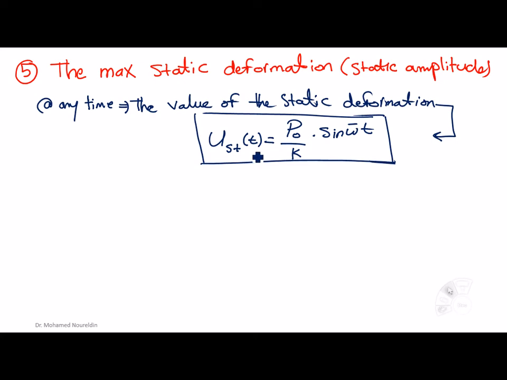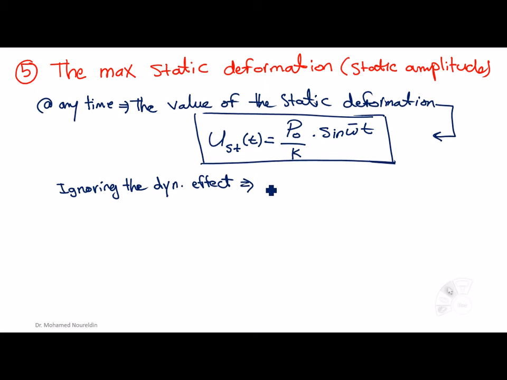Why do we call this the static deformation, and what is the meaning of static while t is involved here? It seems a little bit confusing. But actually no, you can assume it like this: ignoring the dynamic term or dynamic effect in our main equation.